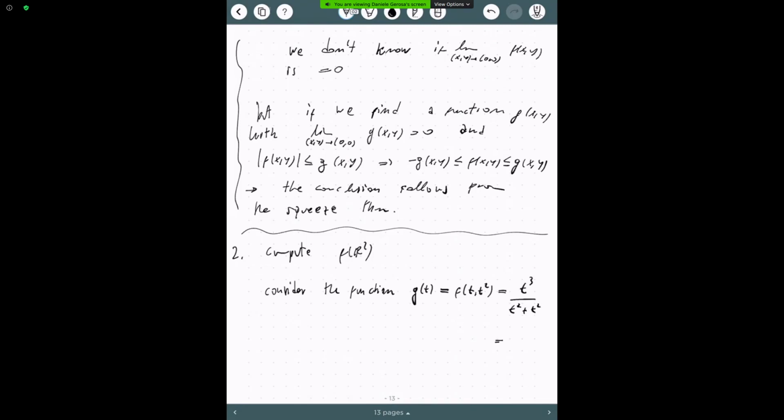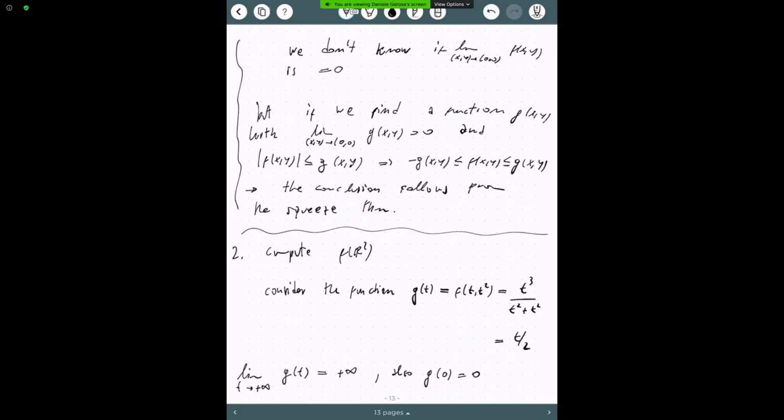So you simplify, and then you get t divided by 2. So this means that the limit for t that goes to plus infinity of g of t is equal to plus infinity, right? And also g of 0 is equal to 0.